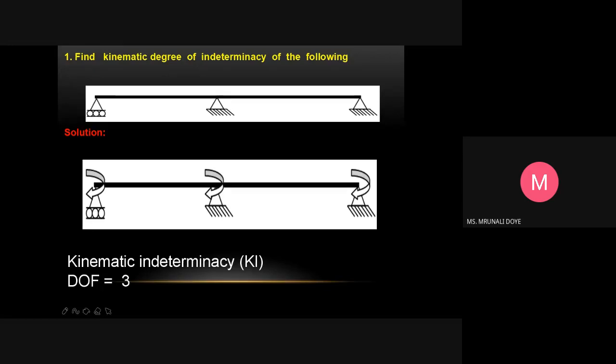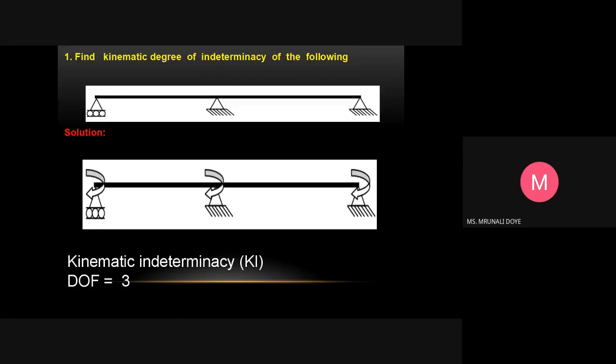Then in case of hinge support, it is restrained in both directions, x and y. So delta x will be 0, delta y will be 0, and only displacement along the z direction is possible, as I have shown in the solution. Again, the third is a hinge support, so possible displacement will be along the z direction.